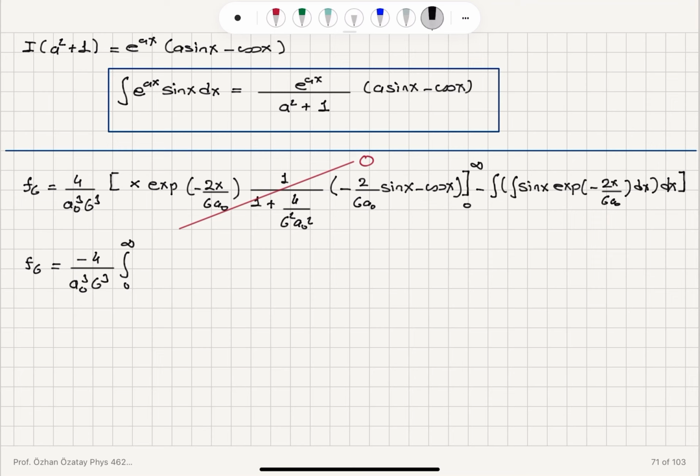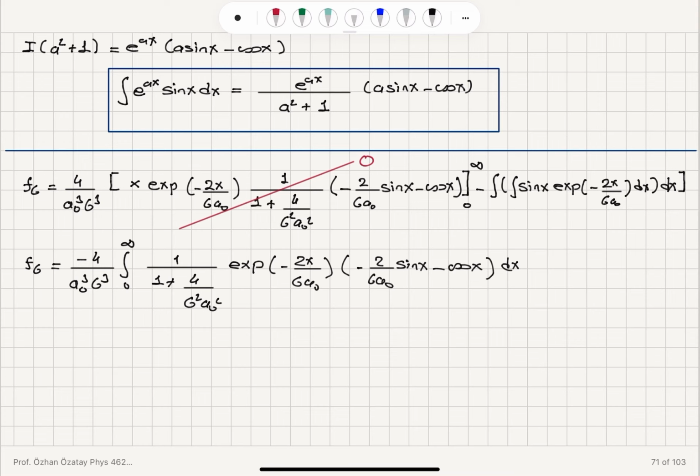So 1 over a squared plus 1 is basically 1 over 1 plus 4 over g squared a0 square, exponential e to the ax, exponential minus 2x over g a0, and then a sine x is basically minus 2 over g a0 sine x minus cosine x dx. All right.